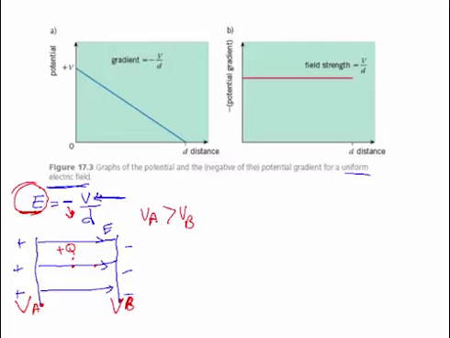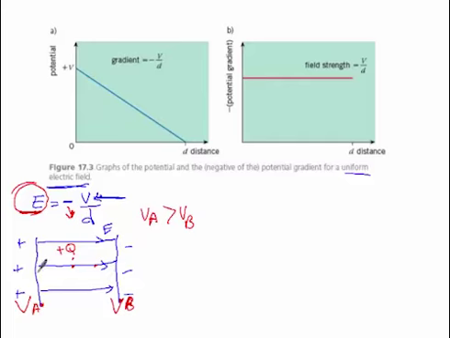So we know that the potential for positive is more than the potential for negative, and the closer we are to the positive, the more potential the point has than the other point which is closer to the negative.